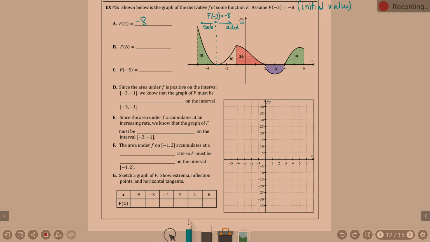Add 10 plus 26. The 26 represents that whole red piece on mine. Does that take me to 2? That takes me to 2. So it is negative 8 plus 10 plus 26, 28.